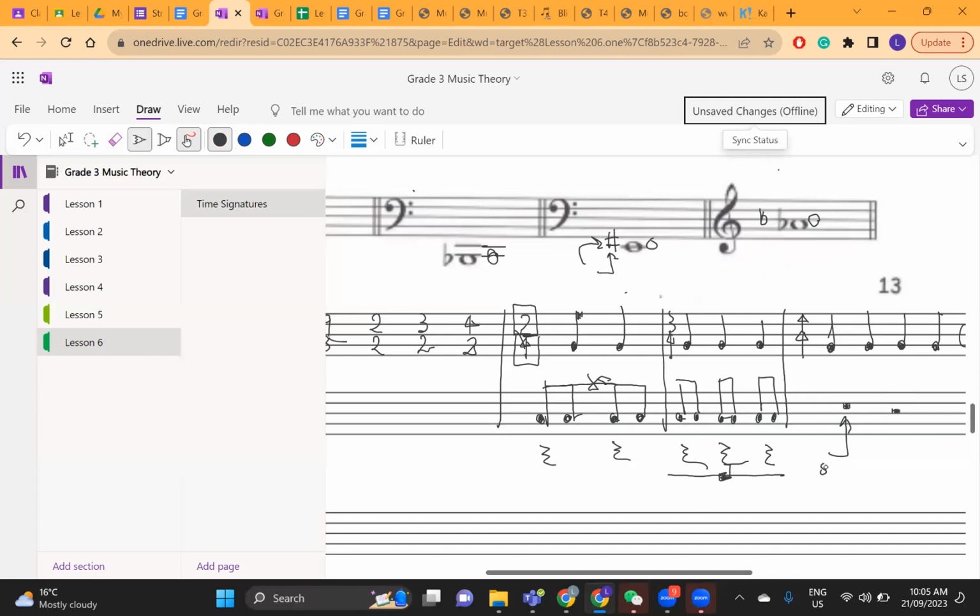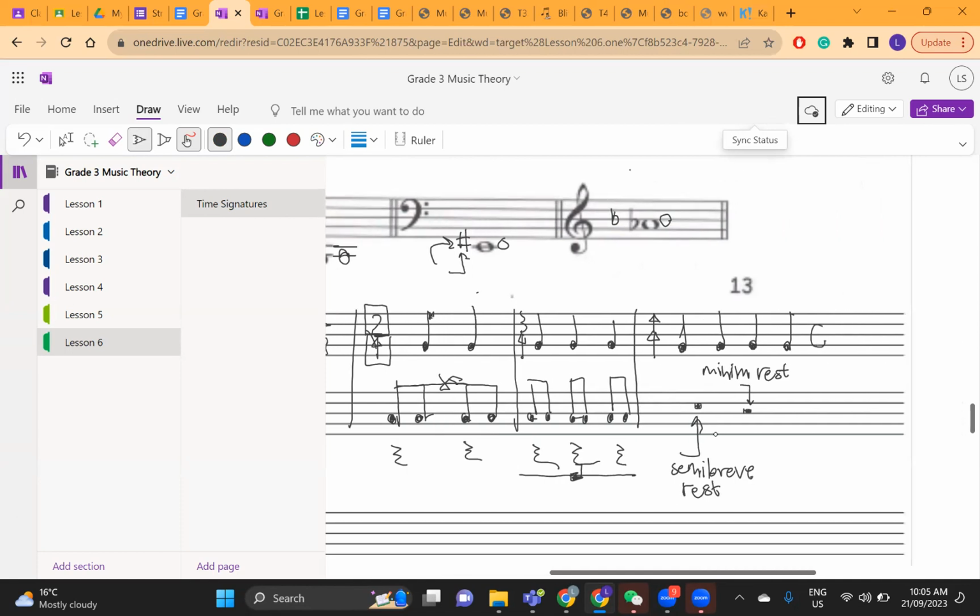So that's a semibreve rest, and that is a minim rest. Easy way to remember that? There is no easy way to remember that. You have to memorize it. Sorry to spoil that. There is no easy way to memorize semibreve rest, minim rest.